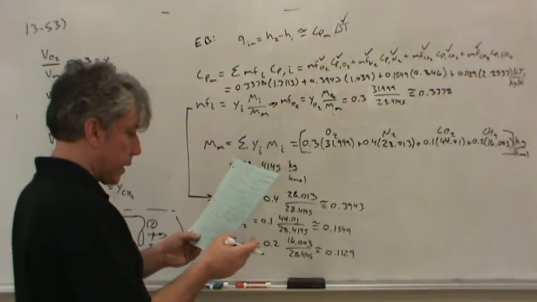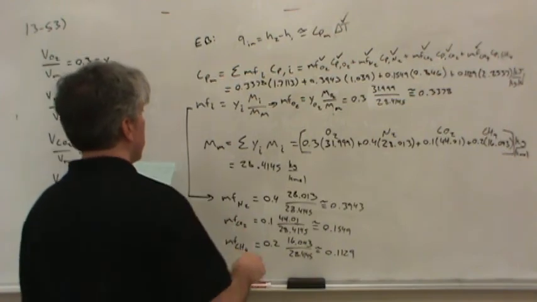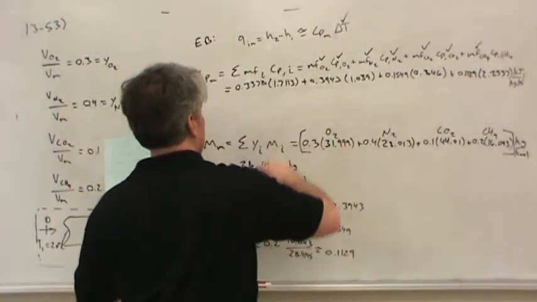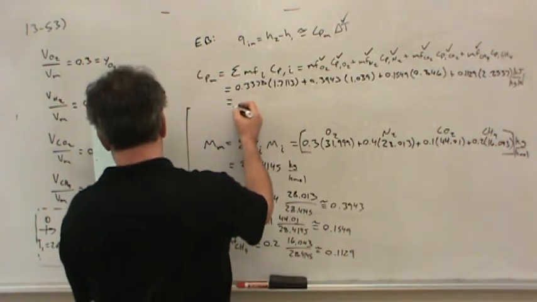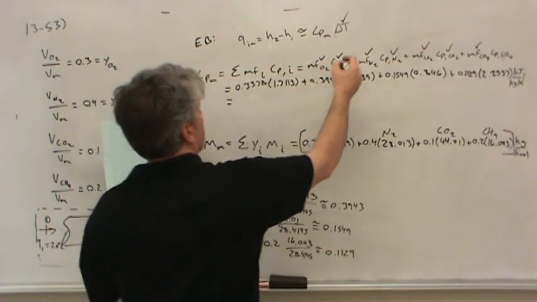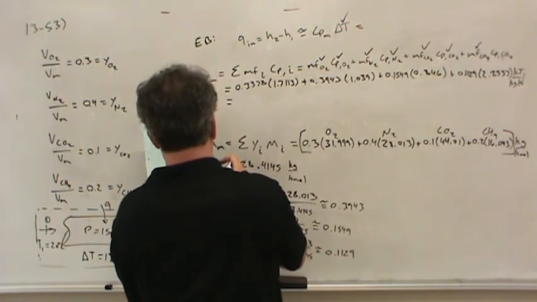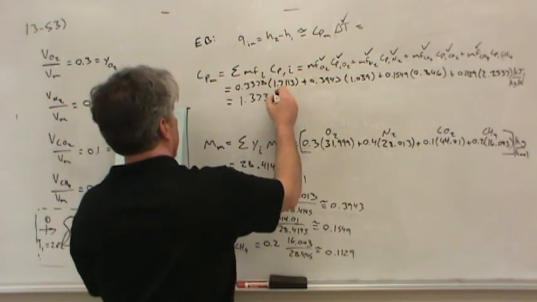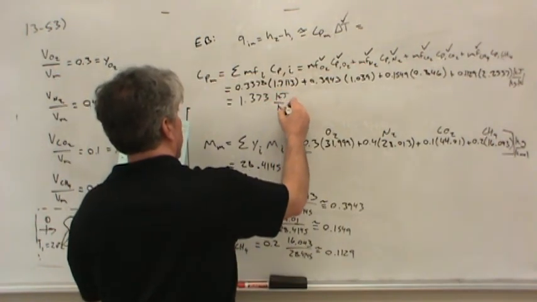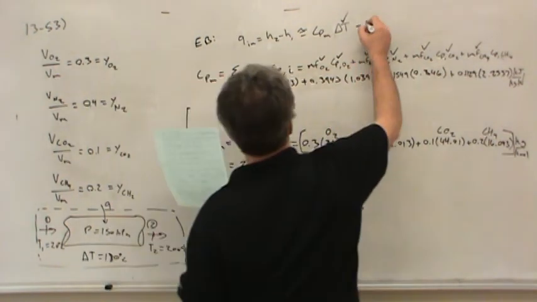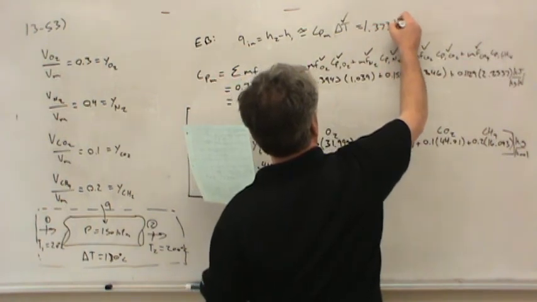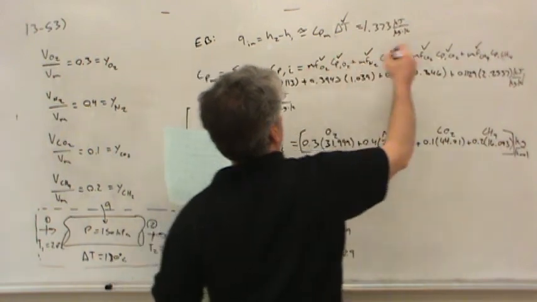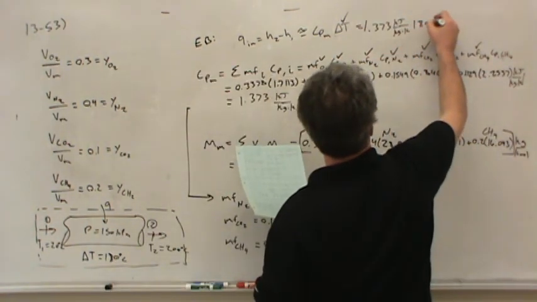Plugging all of that into our calculator, we'll find that the heat capacity of the mixture, this long number, comes out to 1.373 kilojoules per kilogram per Kelvin, times the change in temperature, which is 180 degrees Celsius.